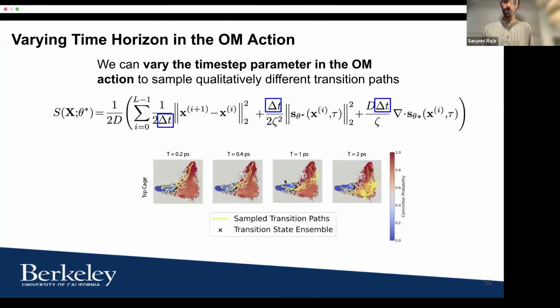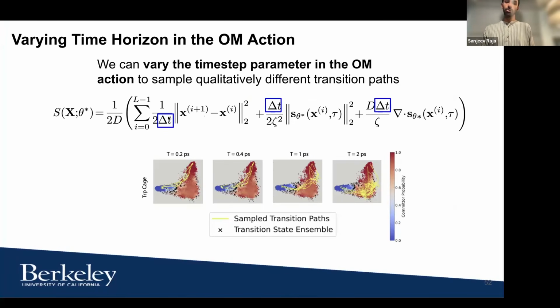One interesting thing we can do, as I mentioned, someone had asked a question about the delta t. So we can actually vary the delta t used in the OM action. If we set it to a very small value and have a small time horizon, versus a large value and a large time horizon, we actually observe qualitatively different paths.